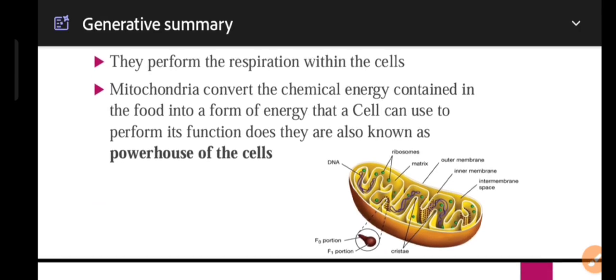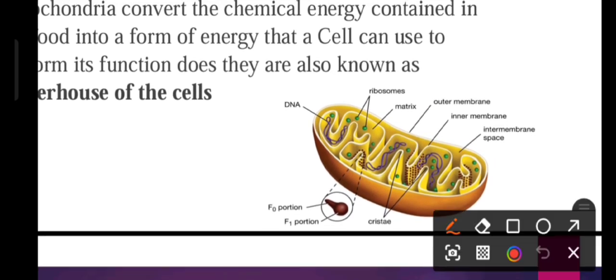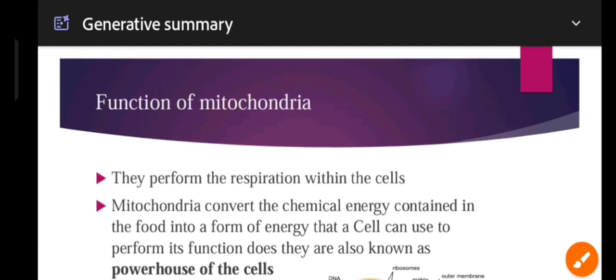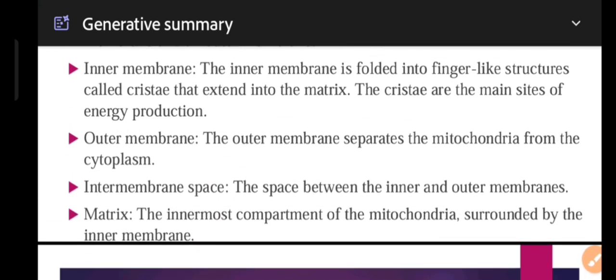Understand? See, this is the mitochondria, this is the outer layer, and this is the inner. It is extended into the matrix. See, this is the matrix. The finger-like structure is there, right? Understand? Coming to the outer membrane, it separates the mitochondria from the cytoplasm.